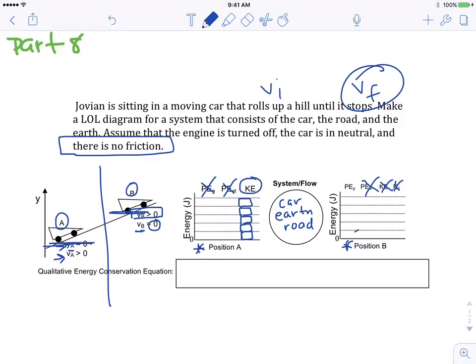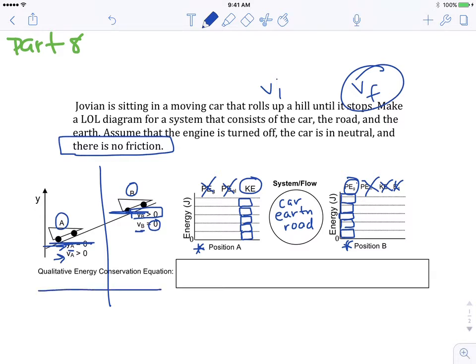So all of our energy in position B is going to be in gravitational potential energy. So again, we can put 5 of our energy bricks here. That's 2, that's 3, that's 4, and that's 5. Sorry, they're not super perfect, but I try.